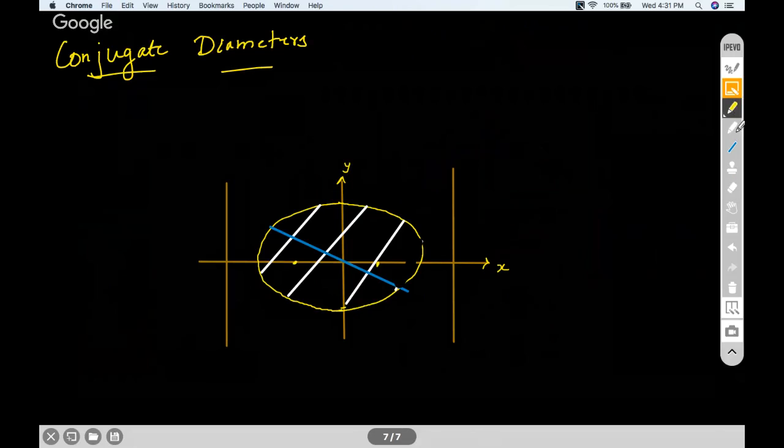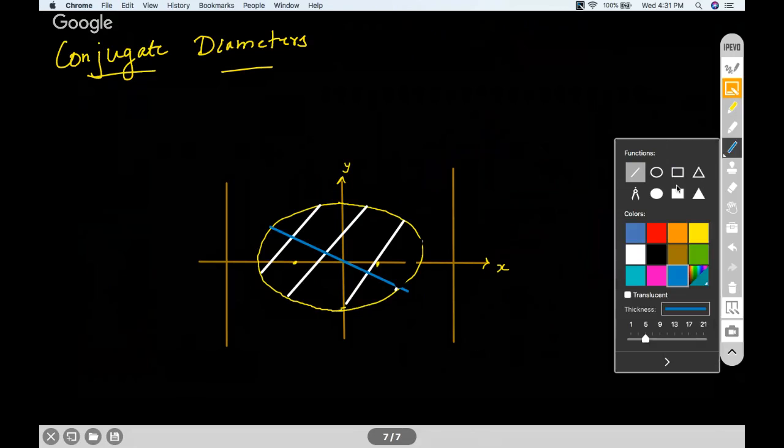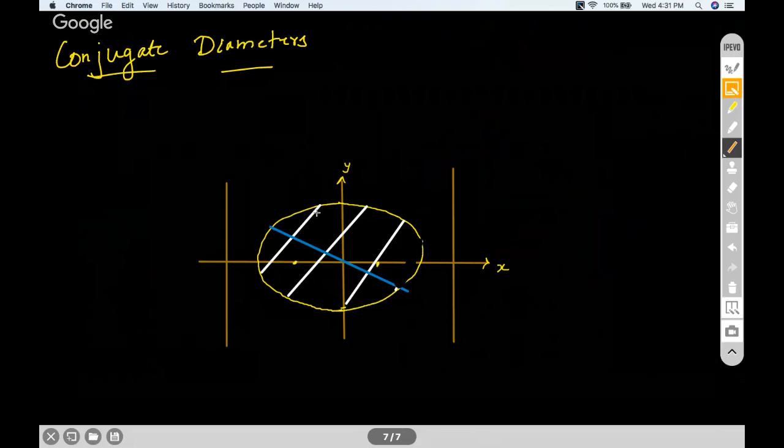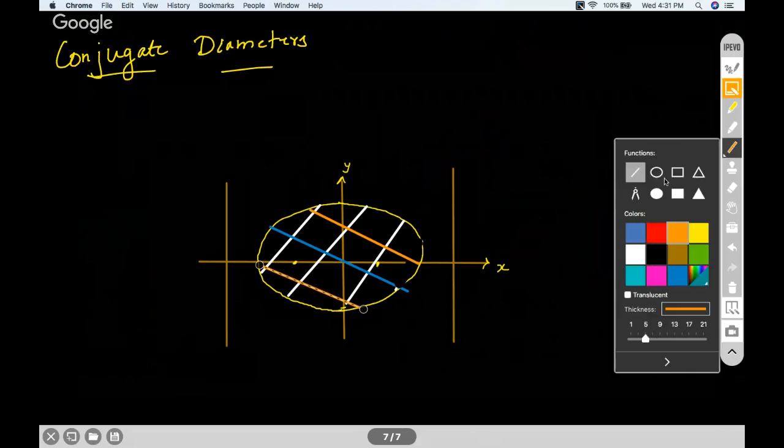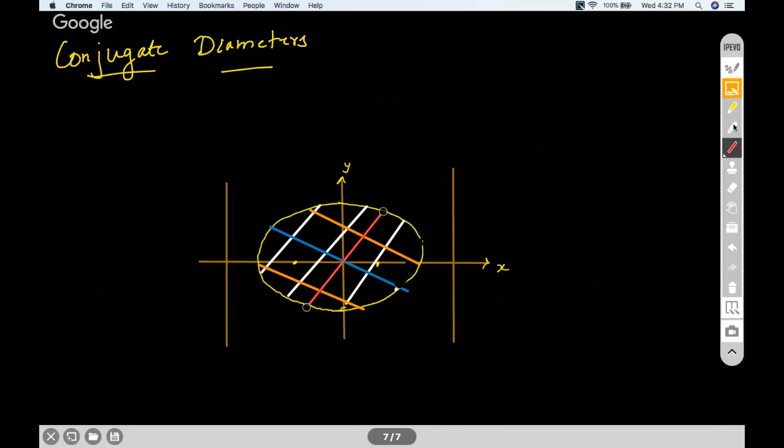And now if I start making all chords which are parallel to this diameter itself. Let's say I start making all the chords which are parallel to the diameter of this. Then the line, let's say this red line, bisects these chords parallel to this line. So what I'm doing first, all these white lines, this is the diameter.